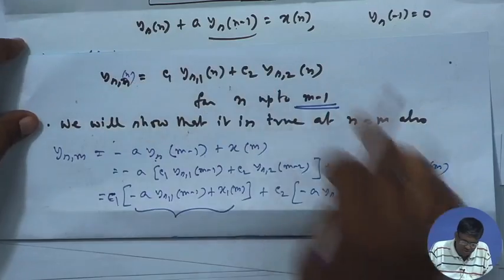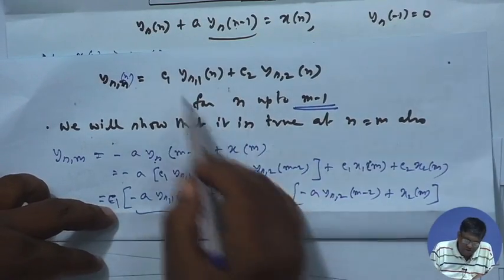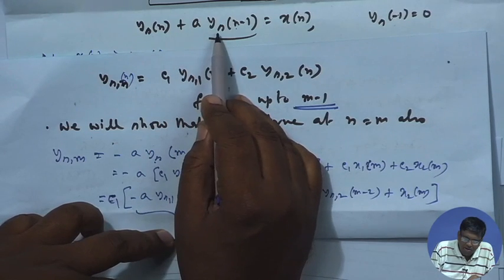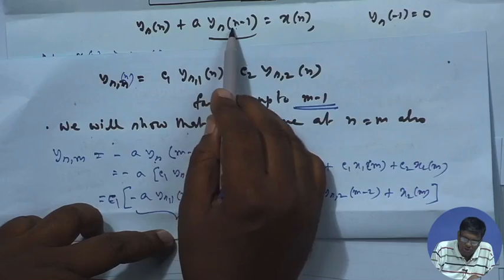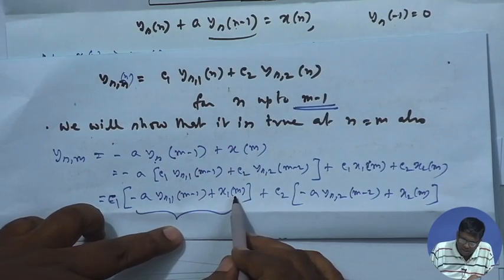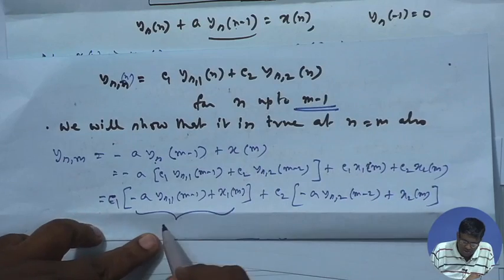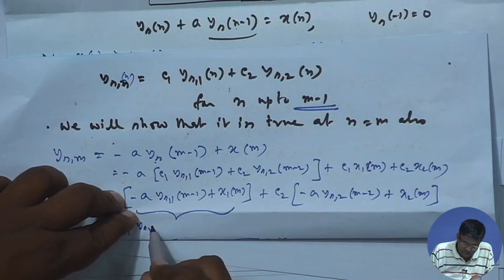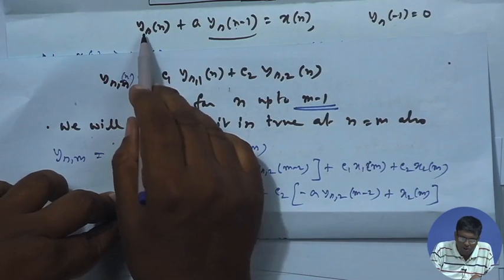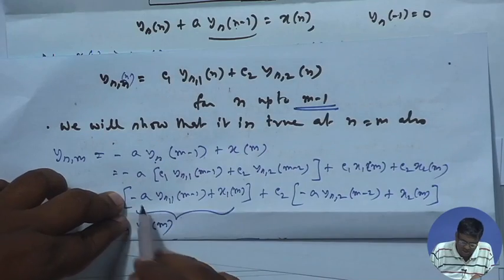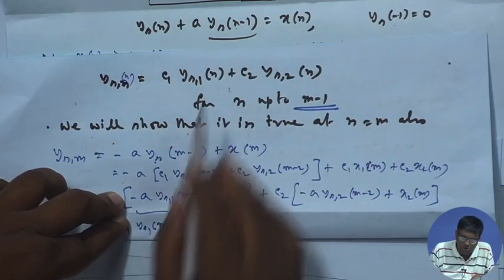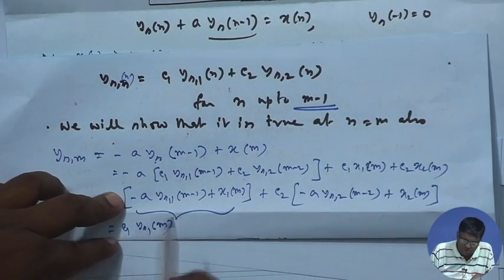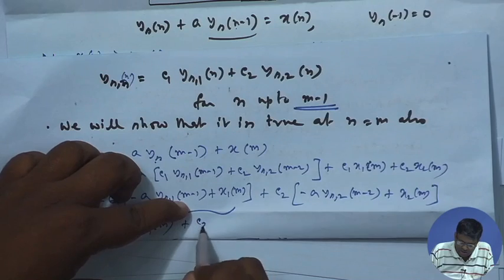From this equation, what is y_s1(m)? y_s1(m) will be minus a y_s1(m minus 1) plus x1(m), because that time the input is x1. So, you put y_s1(m) here, that is equal to minus a y_s1(m minus 1) and then plus x1(m), because I am giving input x1. So, this is y_s1(m). The same way this is also y_s2(m).